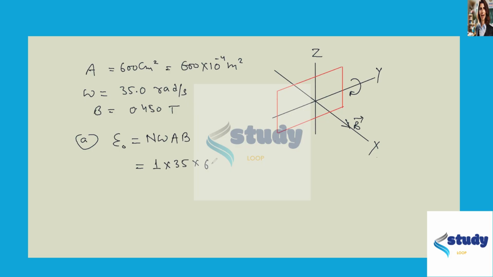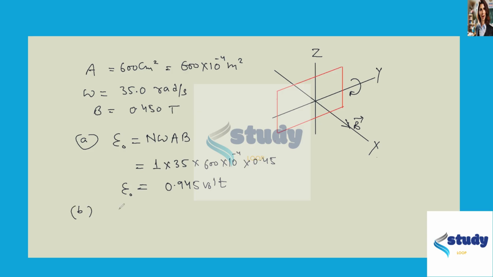For area, this is 600 multiplied by 10 raised to the power minus 4. And for magnetic field, this is 0.45 Tesla. All these values come out to be 0.945 volt. This is the maximum EMF induced in the coil when it is being rotated about the y-axis.